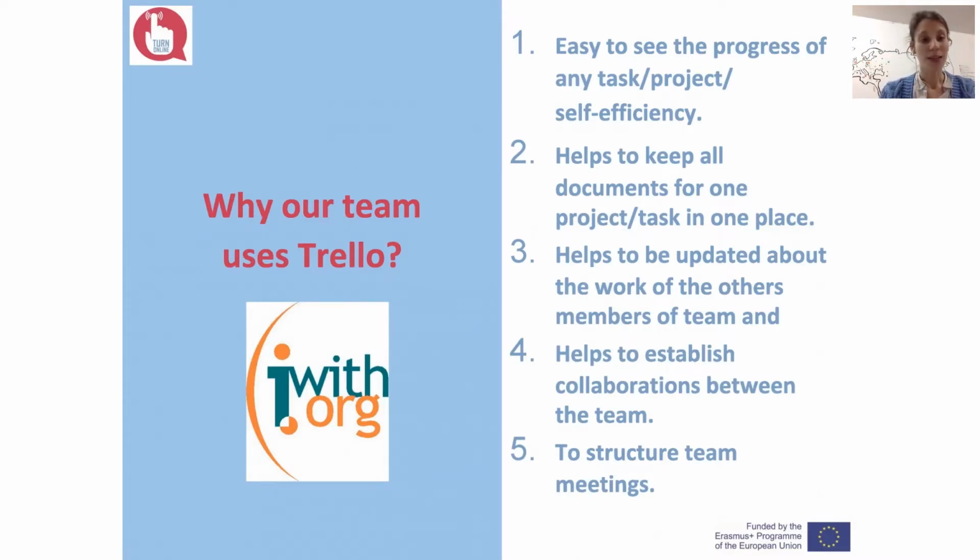So you can see how many things you still have to do, or how many things you have already done, so you can be satisfied with the task. This visual presentation of self-efficiency really motivates very well. When you see this line of completion of the task, it's really very rewarding.